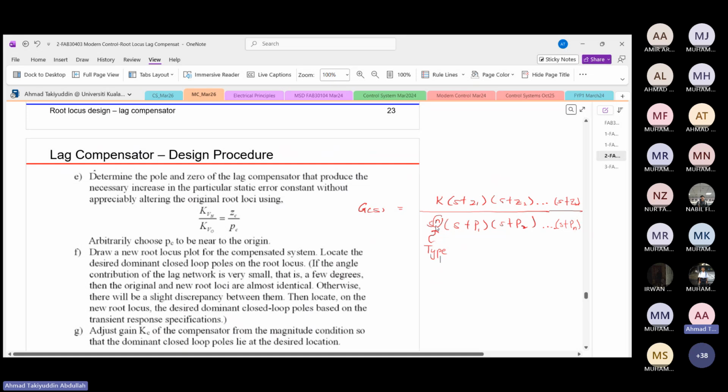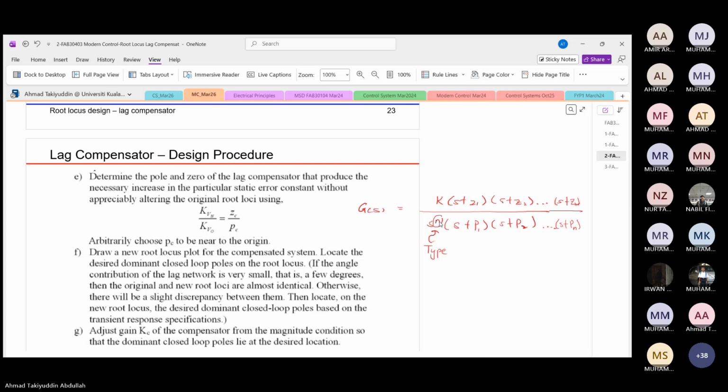Once you have the denominator in terms of factors, because you can have the denominator and numerator in terms of polynomials or factors, you have to convert it. If your denominator is in polynomial, convert it to factor terms, and you are going to have your denominator with this s to the power of n outside of the factors.